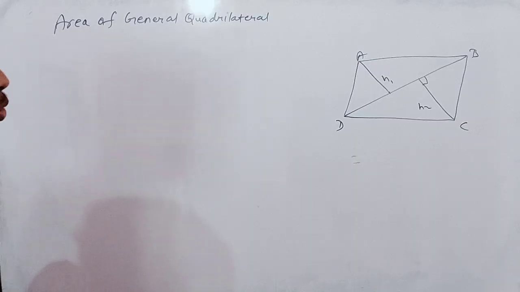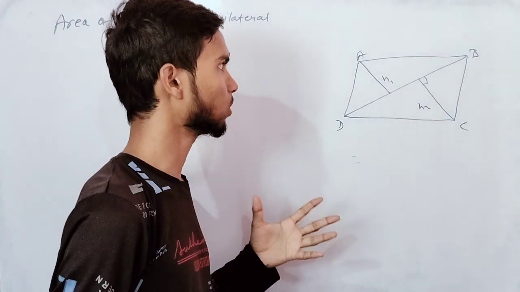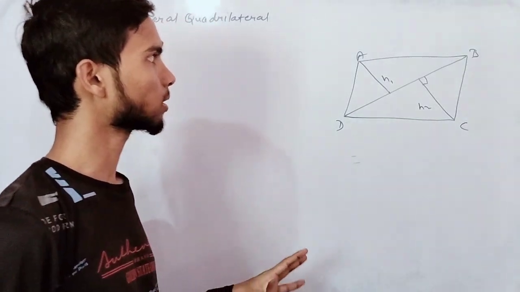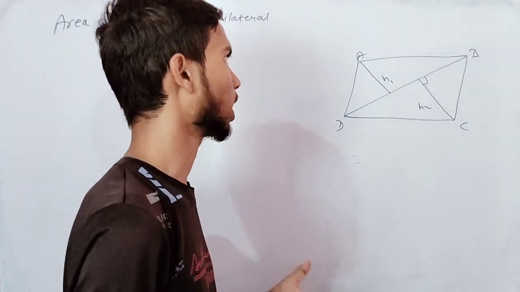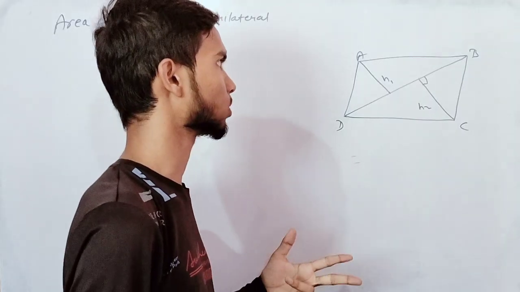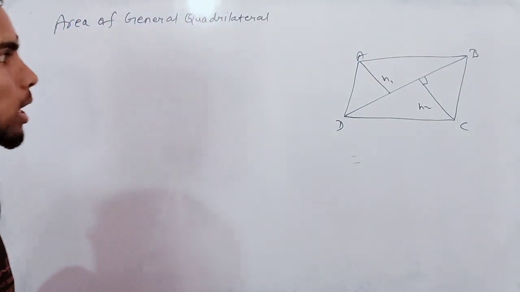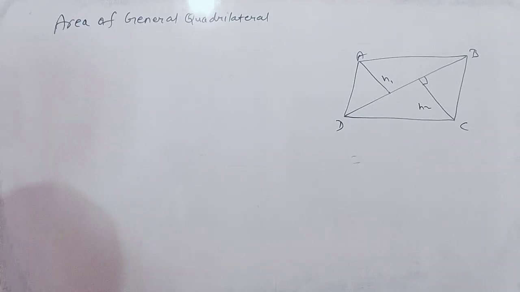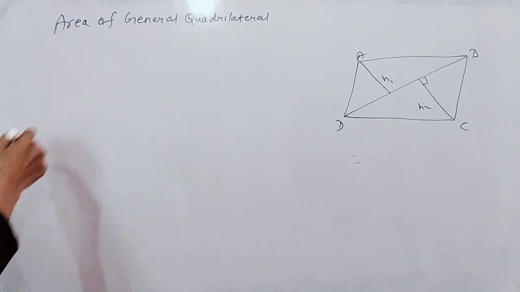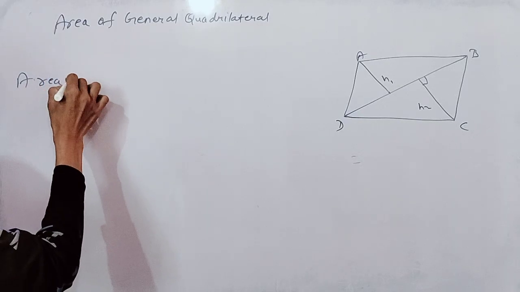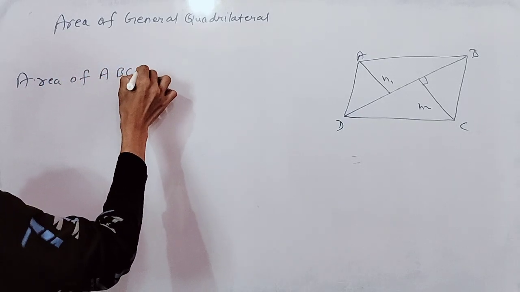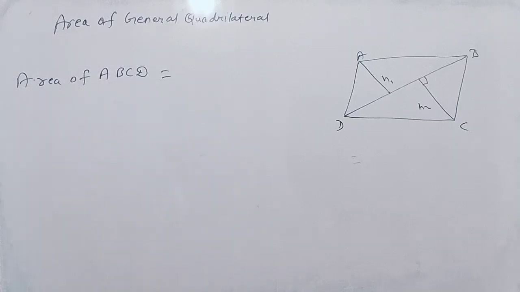We have two diagonals. That's why we can get two heights of two triangles. Here, the area of quadrilateral ABCD would be what?